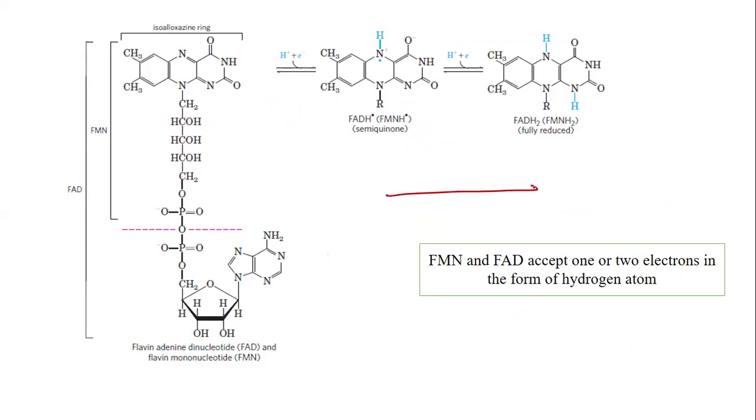So suppose there is an enzyme, say succinate dehydrogenase, to which this FAD is covalently attached. So when this enzyme converts succinate to fumarate during the TCA cycle, it releases a molecular hydrogen, which means two hydrogen atoms comprising two protons and two electrons.